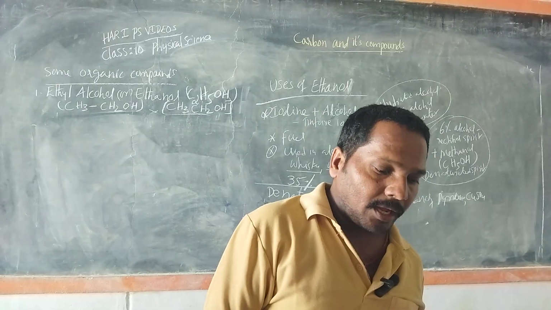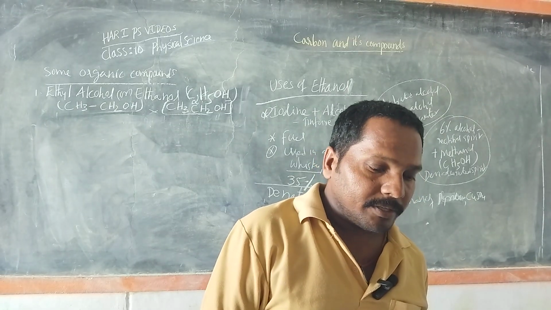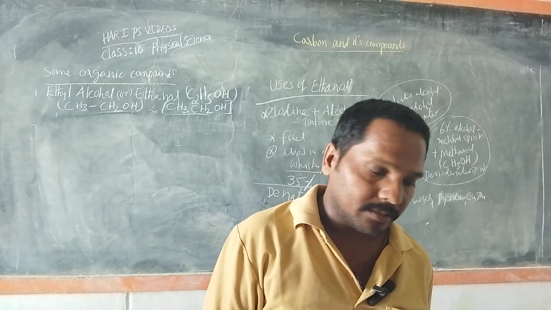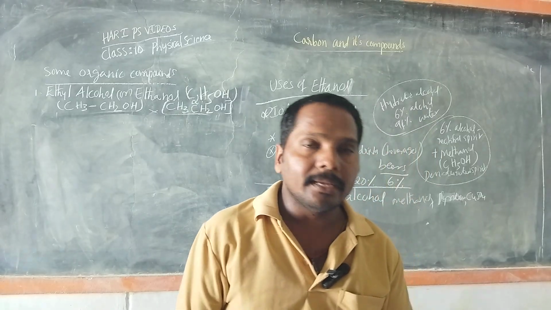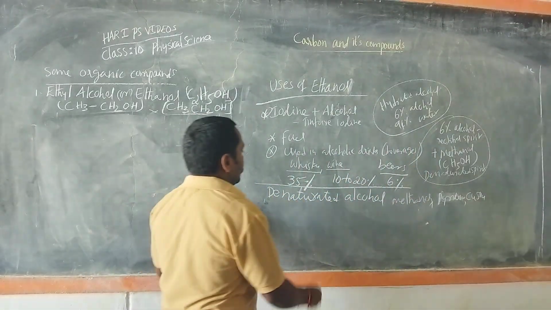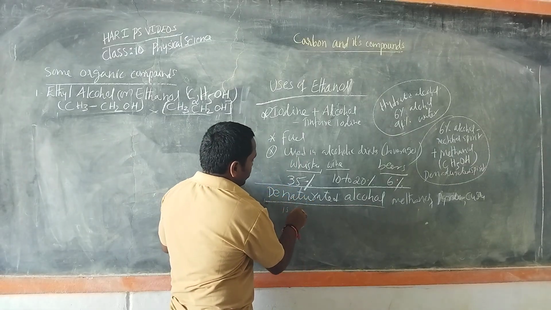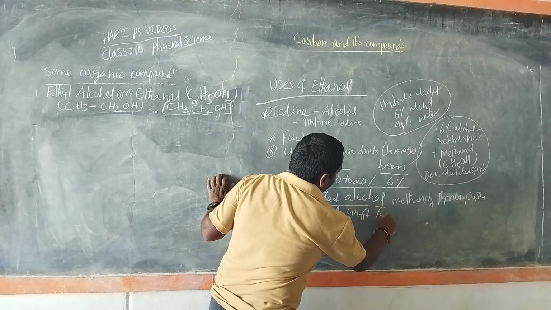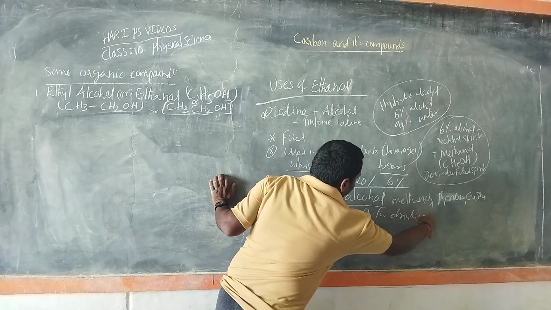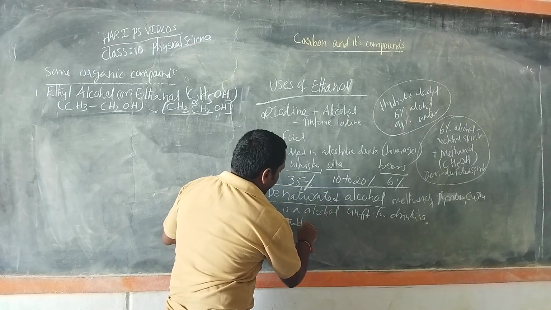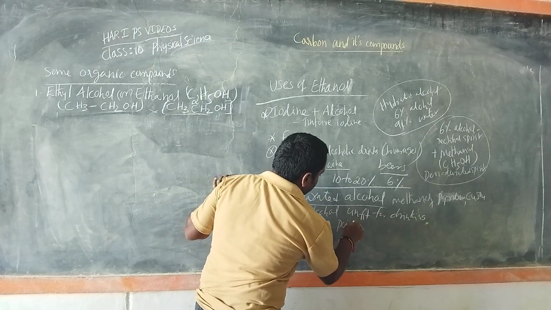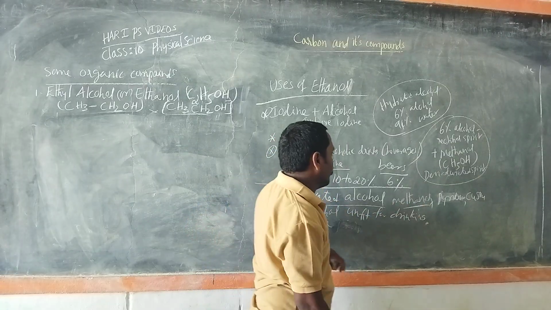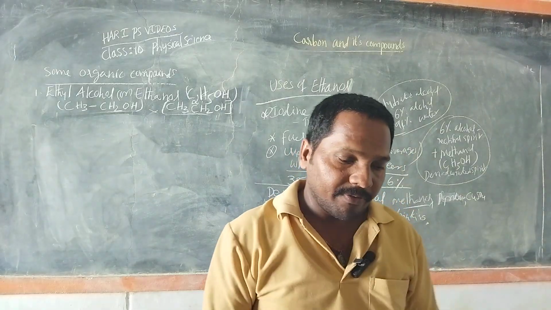So denatured alcohol is ethyl alcohol which has been made unfit for drinking by adding poisonous substances like methanol, pyridine, copper sulfate.